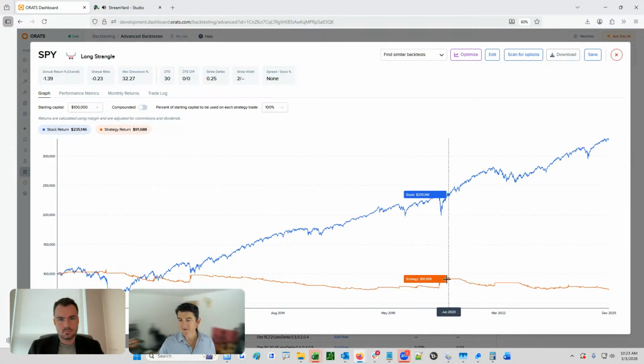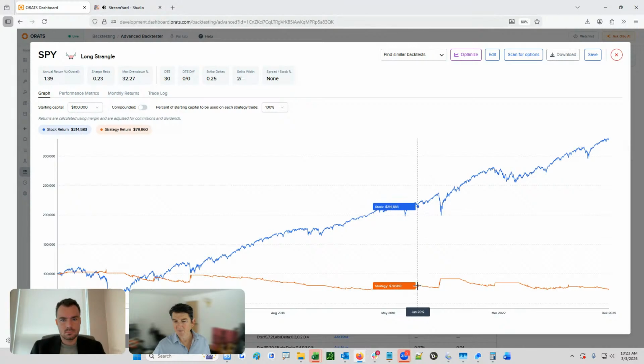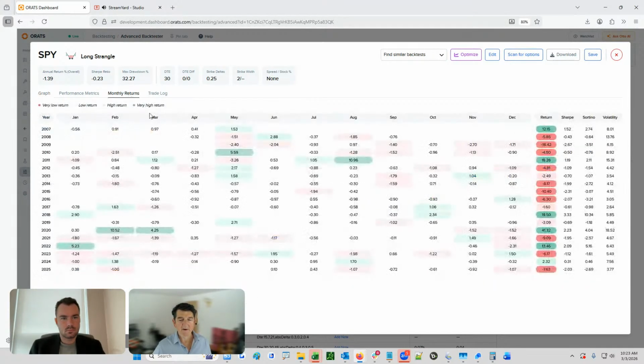But yeah, it's going to do really well clearly when you get a lot of movement in the underlying stock, right? So I like to look at the monthly returns, and so this looks uglier than it is. This is just a volatile strategy, right? So this is showing a lot of big moves.